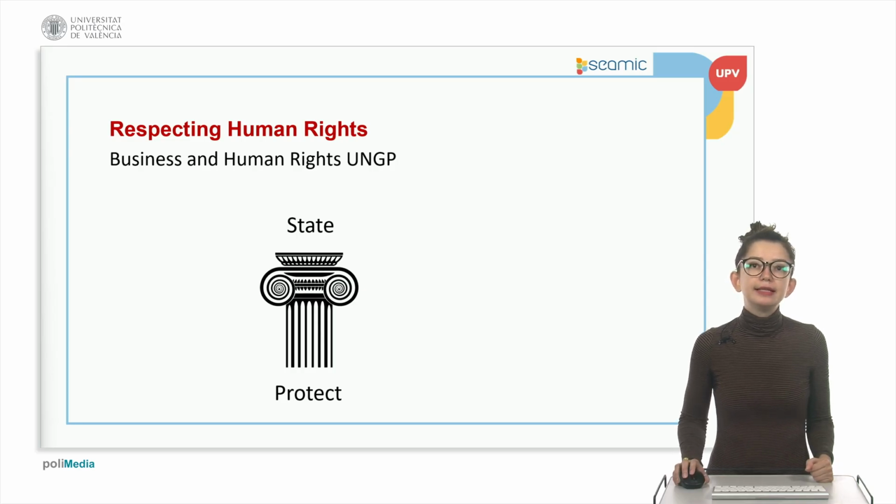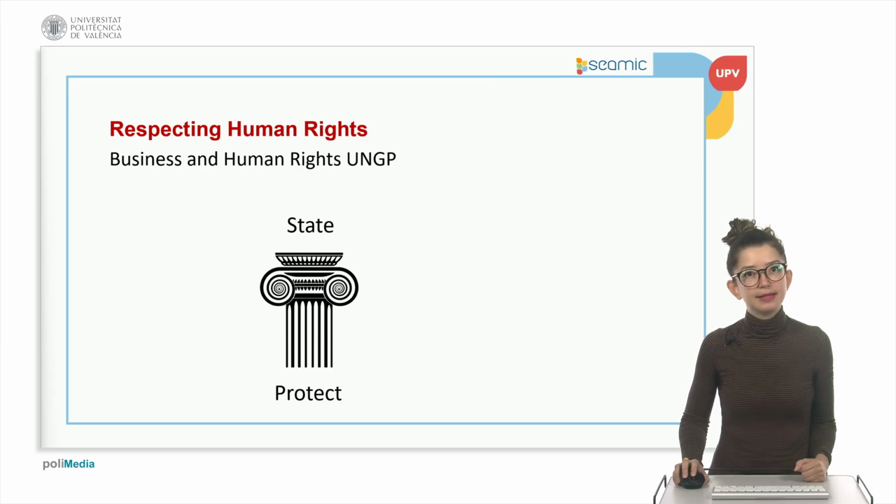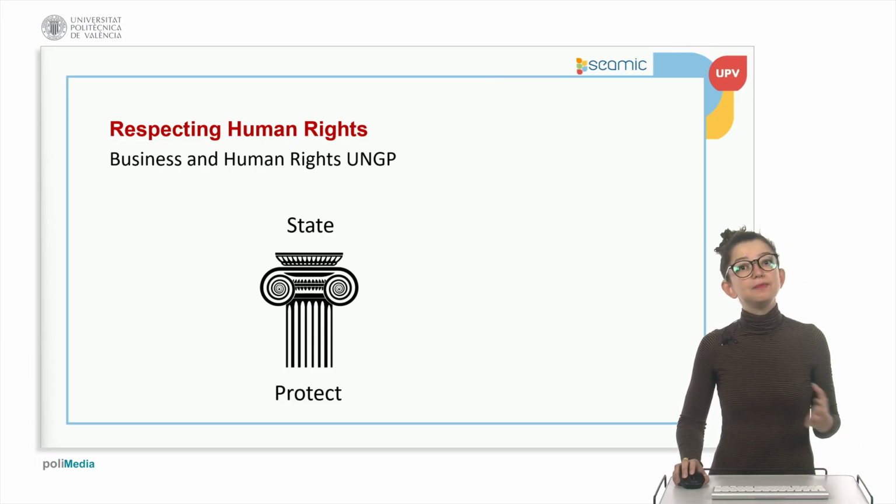In addition, the guide tells us that states must follow at least 8 operating principles, which can be summarized in the following points. The state's function: they must enforce laws that aim to make companies respect human rights. The nexus between state and business: they must adopt additional measures to protect against violations that have already been committed by companies.